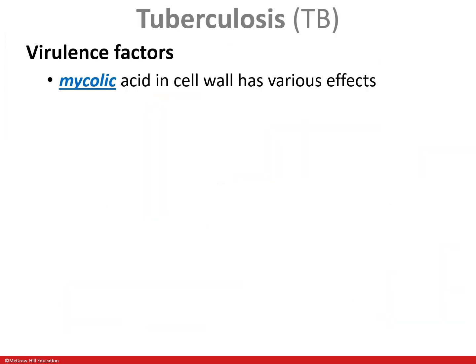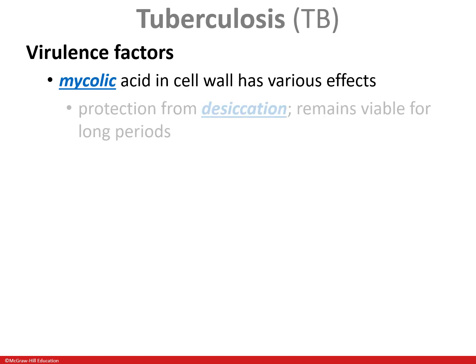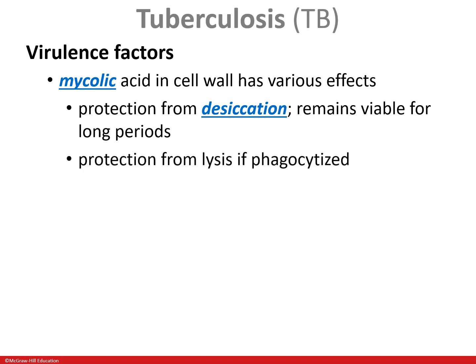So again, the virulence factor mirrors those of leprosy. The mycolic acid in the bacteria has a variety of effects. We know that it helps them from drying out. So desiccation: when a bacteria is not inside of a host, then it dries out. But that mycolic acid allows them to remain viable for longer periods of time outside of the host.